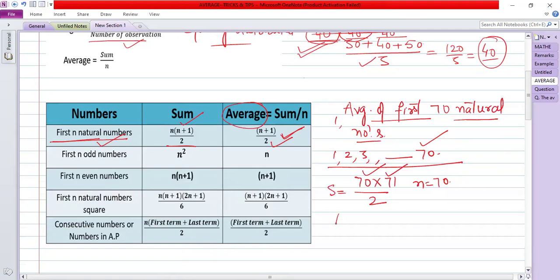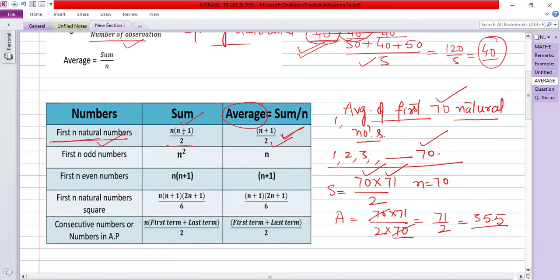If we have to calculate the average, then this sum, 70 into 71 divided by 2, has to be further divided by the number, which is 70. Obviously the 70 cancels out, so what remains is 71 divided by 2, which is 35.5. This is the average of the first 70 natural numbers.